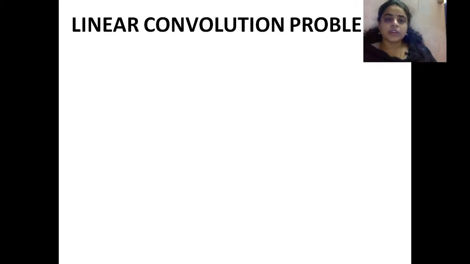Yes, so we have seen linear convolution, and now we are going to see how to solve problems on linear convolution. There are generally two ways of solving problems on linear convolution. One is the formula method, the second one is the graphical method.